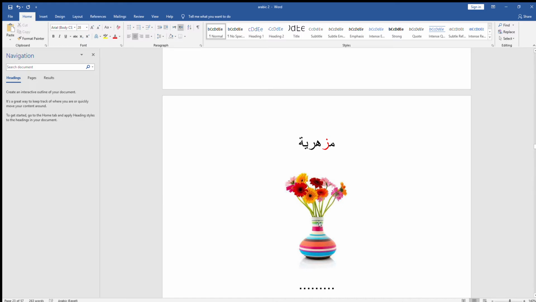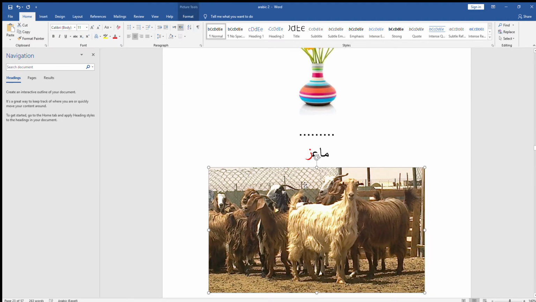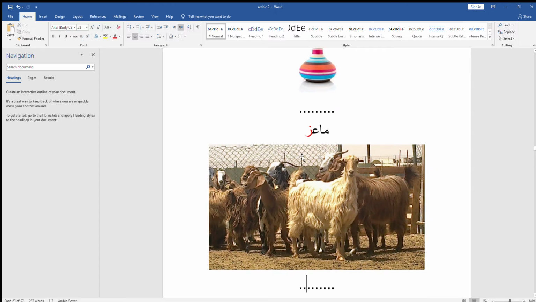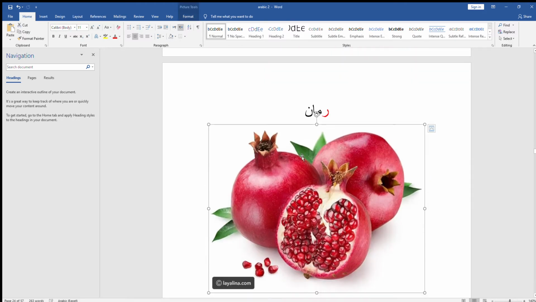And this is مزهرية. And this is ورود, or زهور. زاي at the end of the word, like ماعز. Those are ماعز.